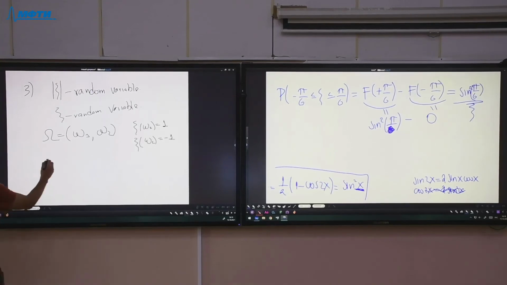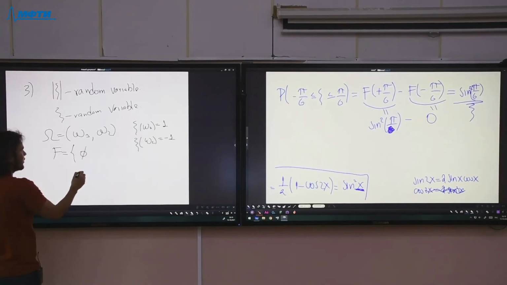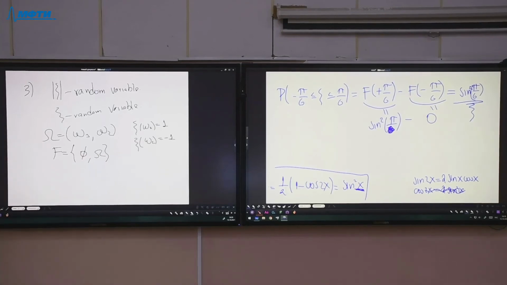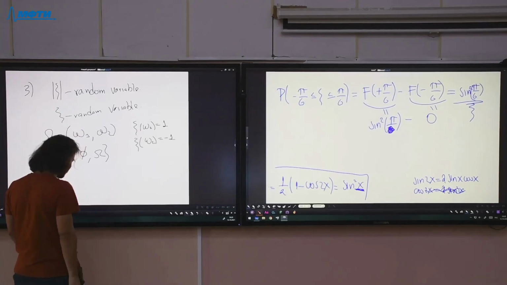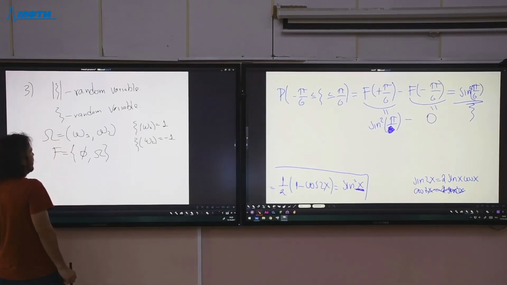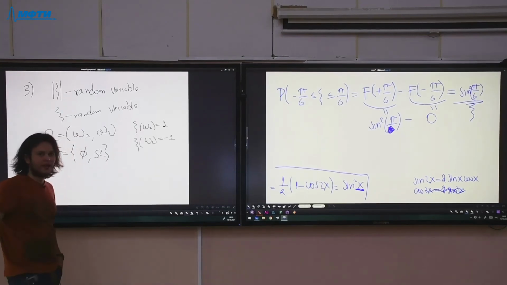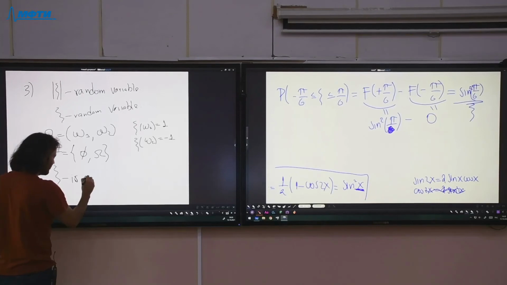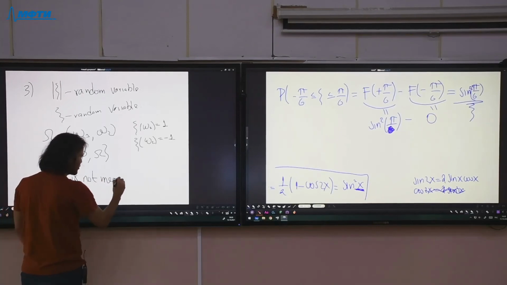And let's take F, the sigma algebra, just the empty set and omega. So we can see that this function is not measurable. So psi is not measurable.